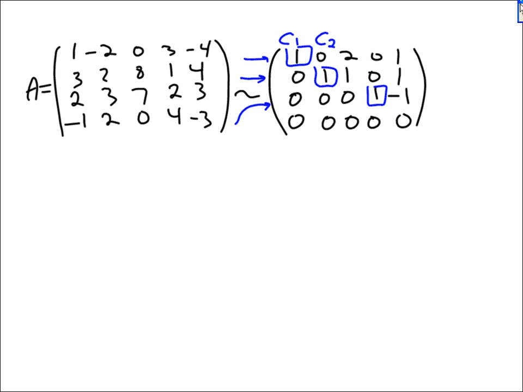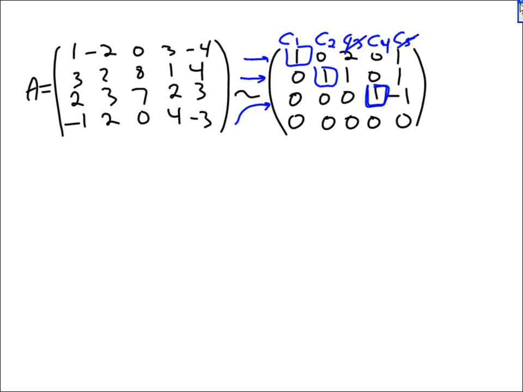Column 2 has a leading one. Column 3 does not. Column 4 does. There it is. And column 5 does not have a leading one. So columns 1, 2, and 4 each have a leading one.